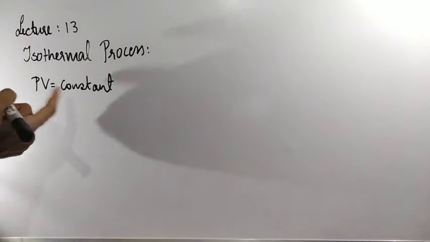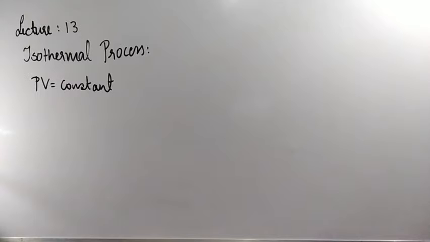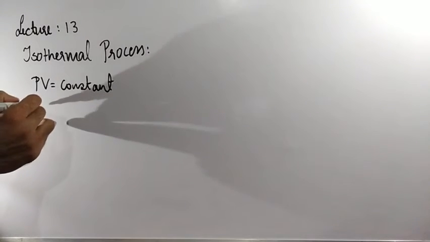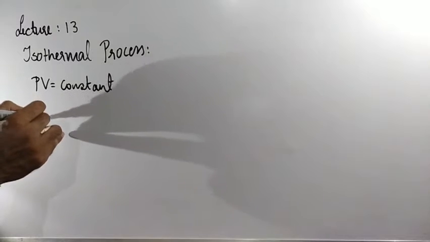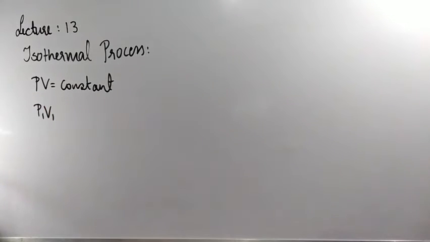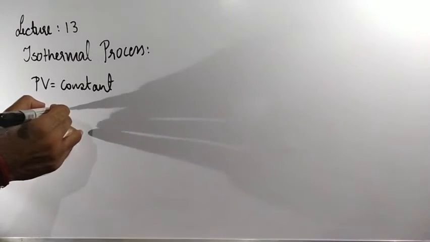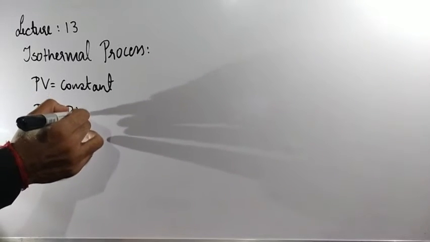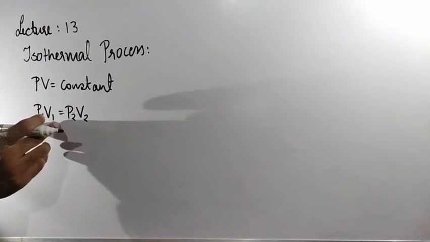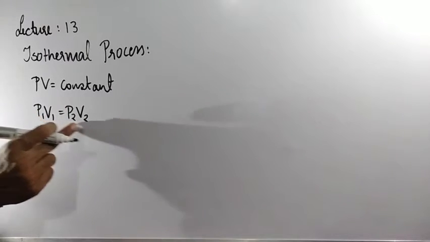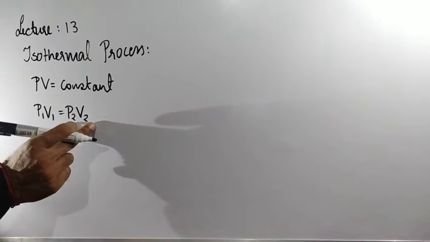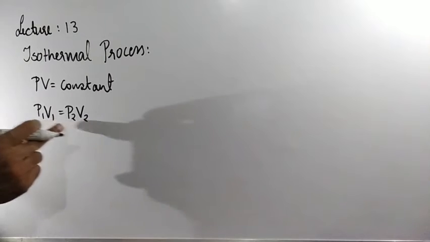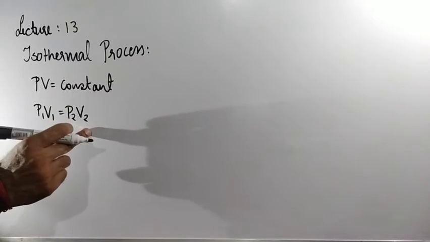So PV is equal to constant in case of isothermal process as temperature is constant. This holds good for ideal gas condition. Now if I have P1, V1 as initial values, and as time passes the pressure changes to P2, V2, then the product P1 V1 is the same as P2 V2, because if P1 changes to P2, V1 will change to V2.